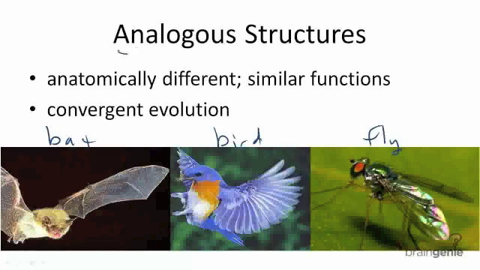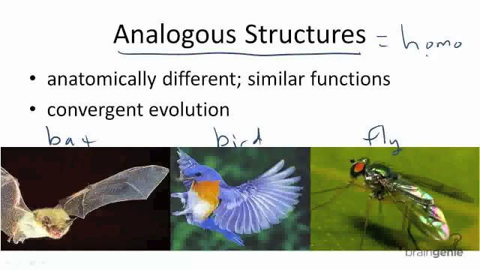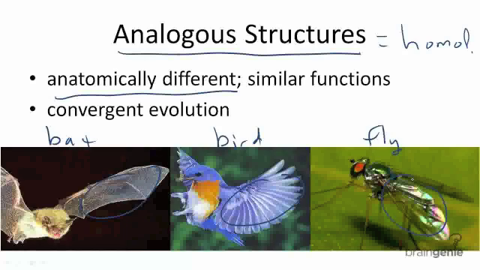First, an analogous structure, as opposed to a homologous structure, so put opposite, are anatomically different. But what does that mean? Well, if we were to compare the wing of a bat, or a bird, or that of a fly, or a butterfly perhaps, these wings would be made of very different internal parts.